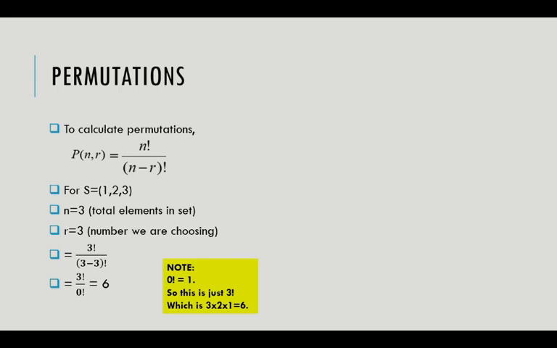Well, 0 factorial turns out to be equal to 1. So I have 3 factorial divided by 1, and so I just have 3 factorial. 3 times 2 times 1 gives me 6. So that's how we get the answer 6. But you do need to make a mental note that 0 factorial is not 0, it is 1.